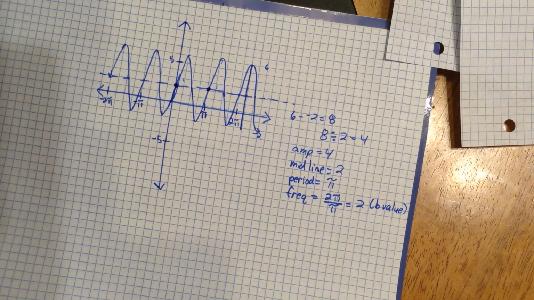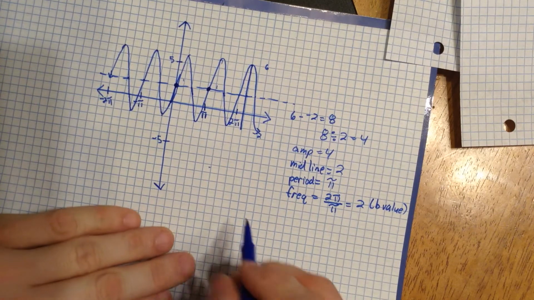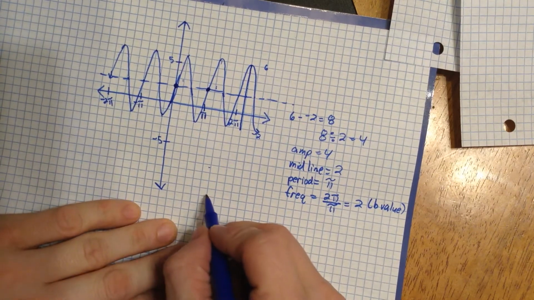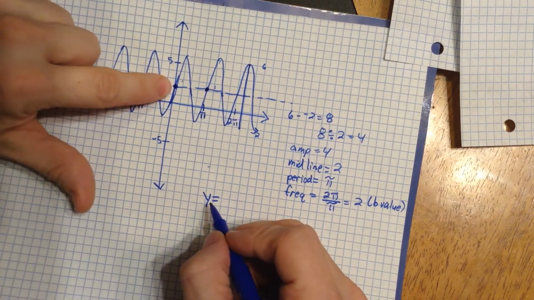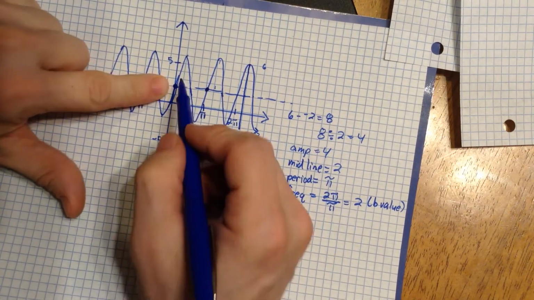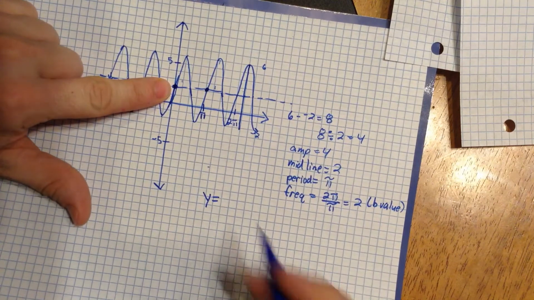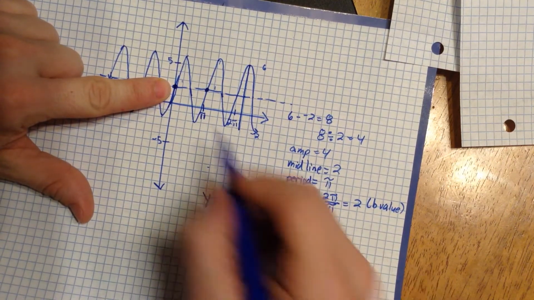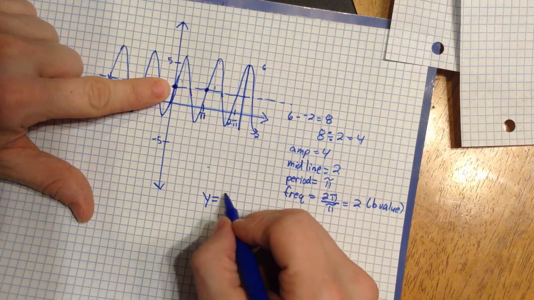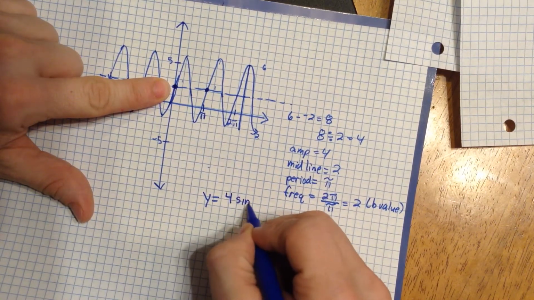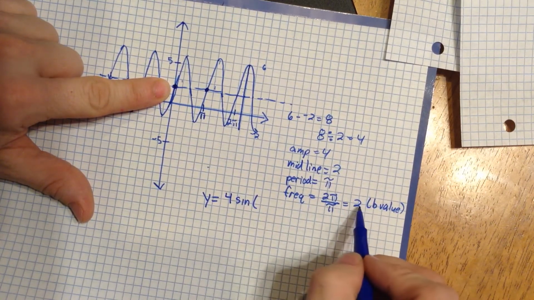So we have all the big stuff. All we need to do is figure out our horizontal shift. We'll figure that out in a second. Let's start writing the equation. I'm going to write a few different ones. If we started, the easiest would be a sine function, because it's right on the midline, right at 0. So we would write y equals, and this is increasing, so that's a positive sine. The amplitude is 4 sine. Now the frequency is 2.